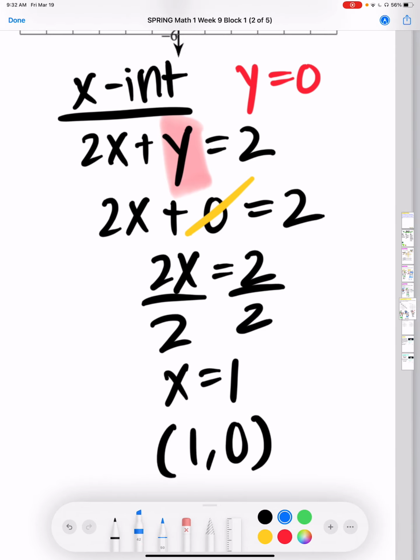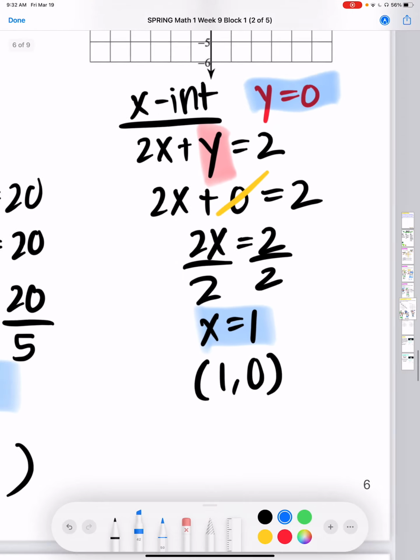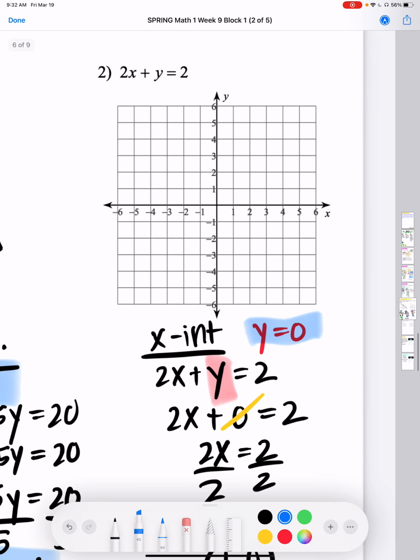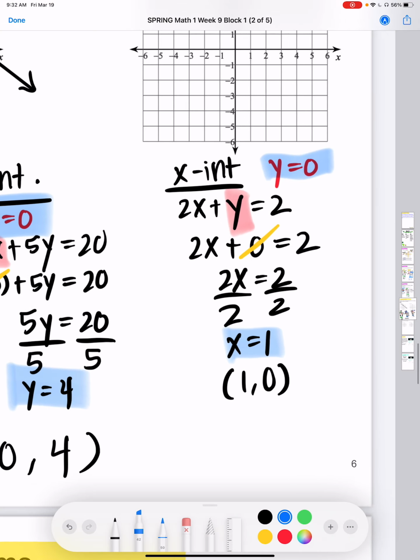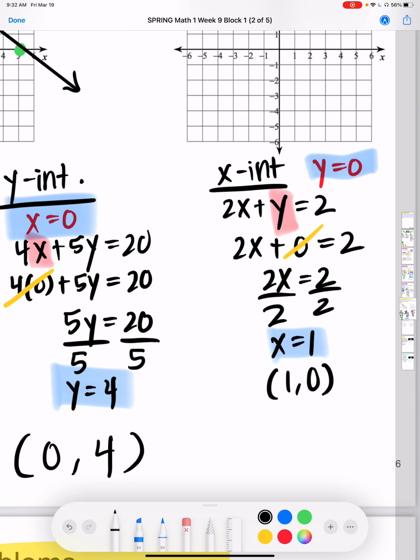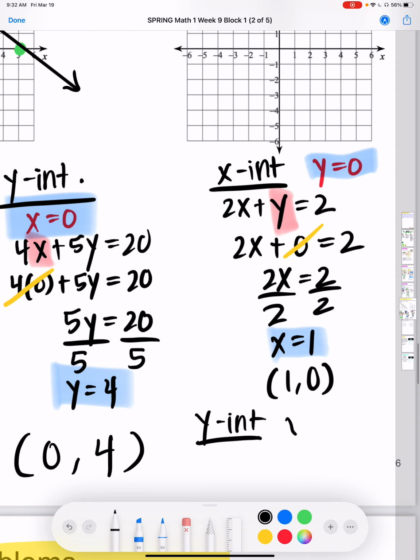And again, I grabbed that from my x and my y. All right, I don't have space. Let me see if I can squeeze it down here. So my y-intercept, set x equal to 0. So I have 2x plus y equals 2.